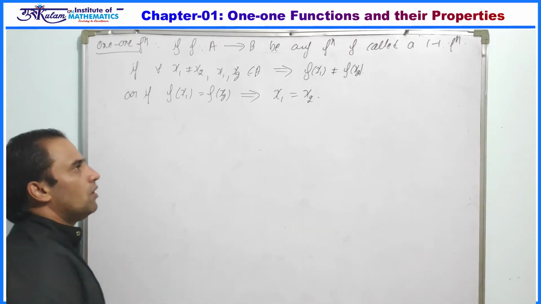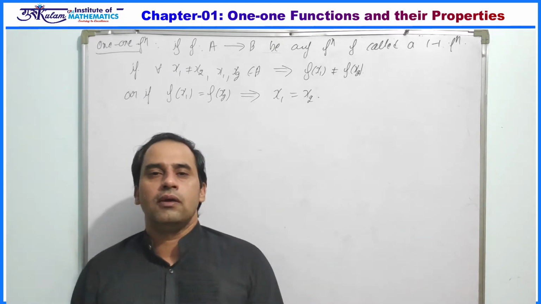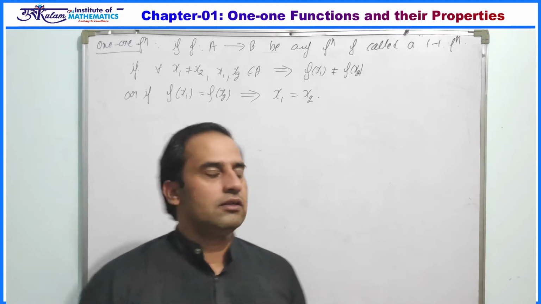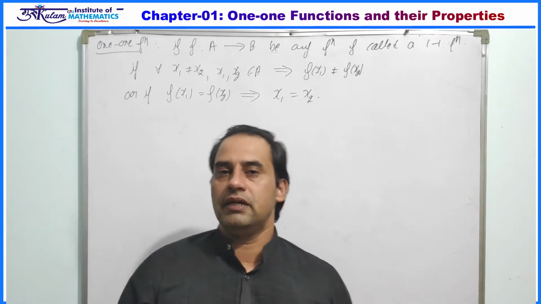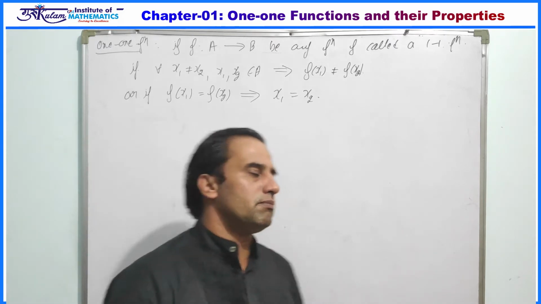A function is called a one-one function if images of distinct elements are distinct, and if images are the same, then pre-images must be the same.